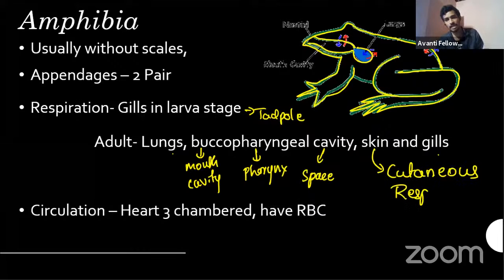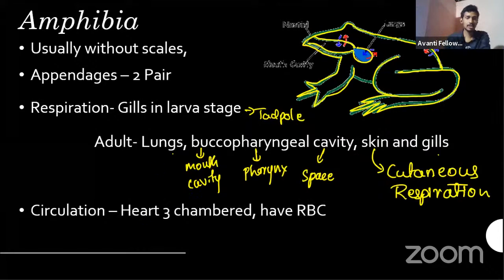Where did this word come from? The upper portion of the body, we normally call it having a cuticle, right? Non-cellular layers, from where this respiration is happening. That's why the word came, cutaneous respiration. We use the same term in plants also, in animals also, like in mammals, and in other terms also.